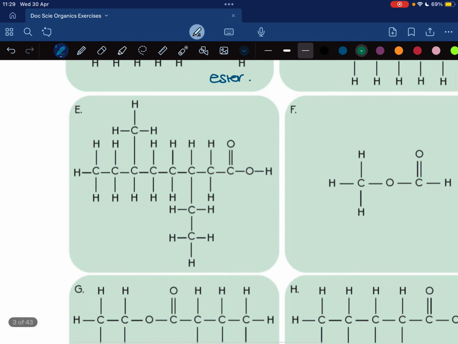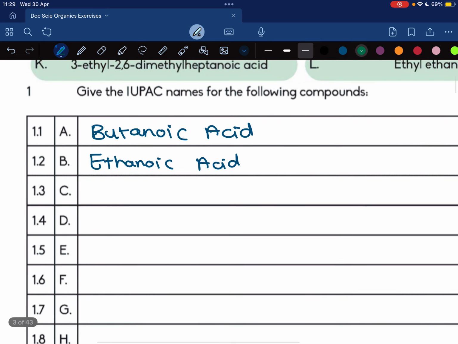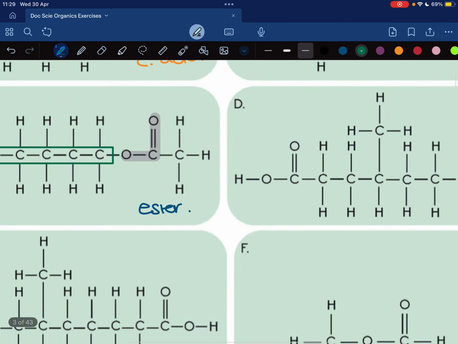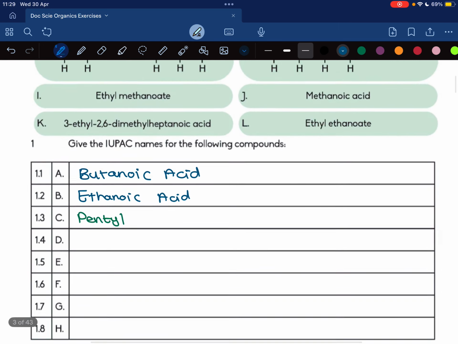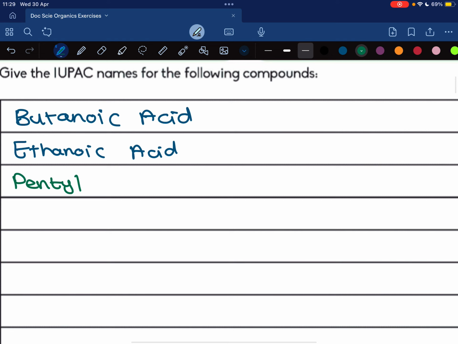So that's going to start then with pentyl. Then the part that's attached to the double bond is on the right hand side. That is going to be the carboxylic acid side. Because there is 2, it would be ethanoic acid, but because it's an ester, we would end it in ethanoate.